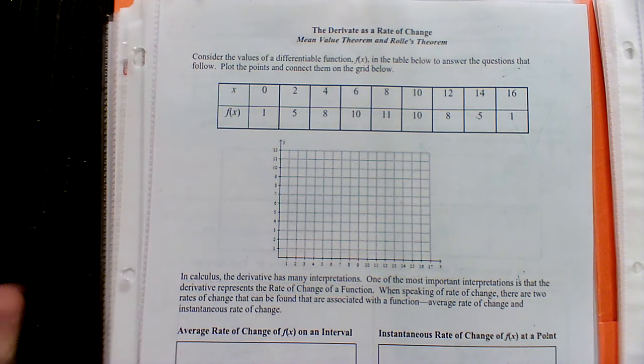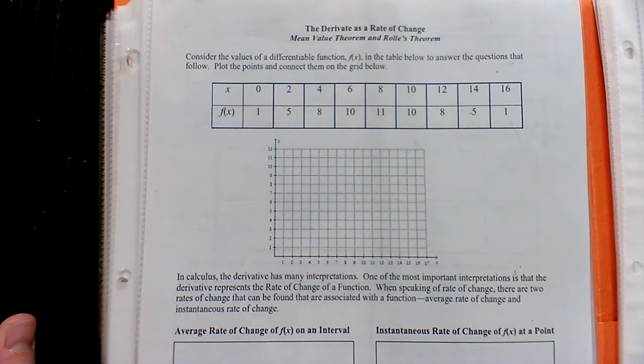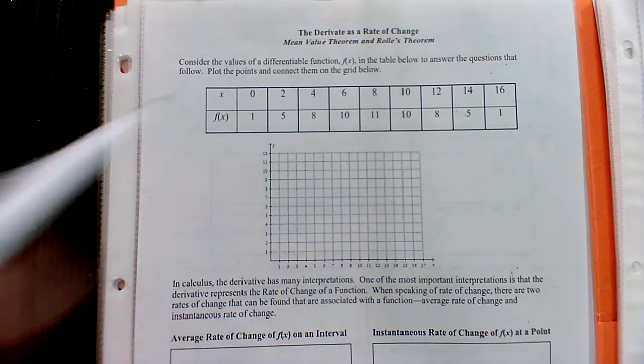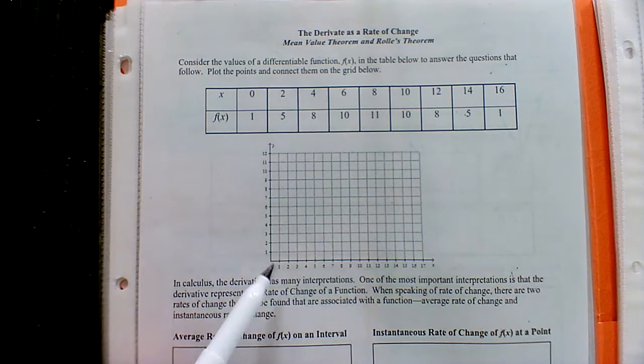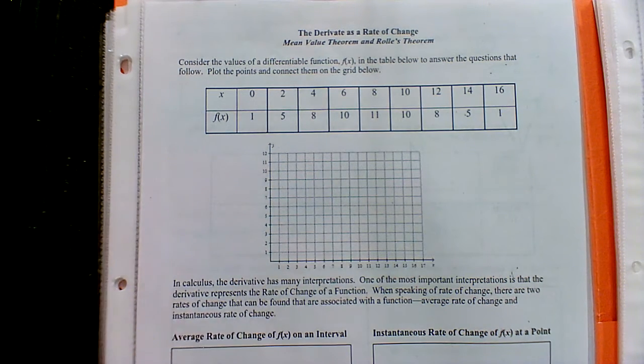So consider the values of a differentiable function f of x in the table below to answer the questions that follow. Plot the points and connect them on the grid. So take some time. All of these points that are listed here, let's go ahead and plot them on our grid and connect them.